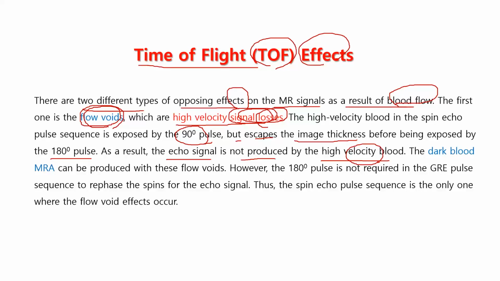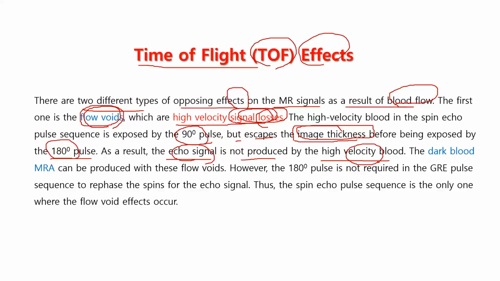So high velocity blood escaped the image thickness before being exposed by the 180-degree pulse. So this high velocity blood does not produce echo signal.